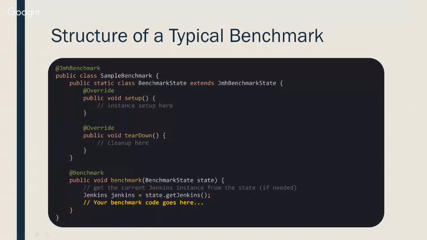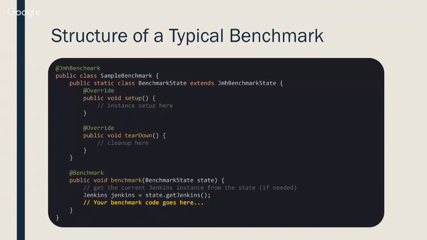Basically what you have to do is create a static inner class which extends JmhBenchmarkState. This JmhBenchmarkState is a state that is used by the Java Microbenchmark Harness. This is the only way you can pass information to a running benchmark.